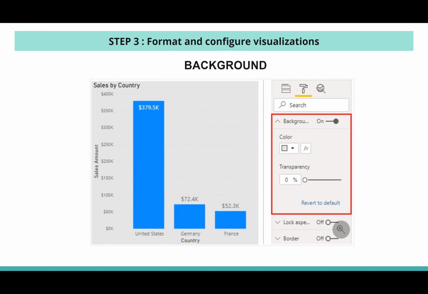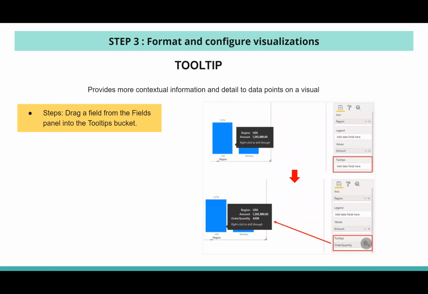Okay, so the next one is tooltips. What is the use of tooltips? It's like on some websites: if you hover your mouse on a certain visual, the audience could see more contextual information that they want.